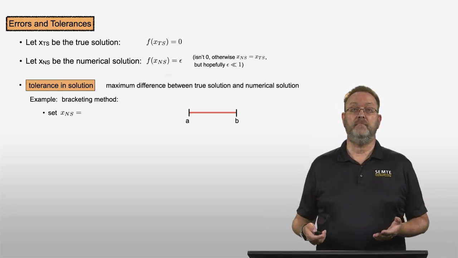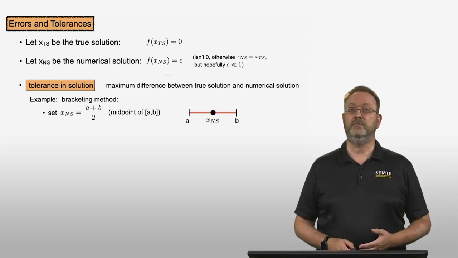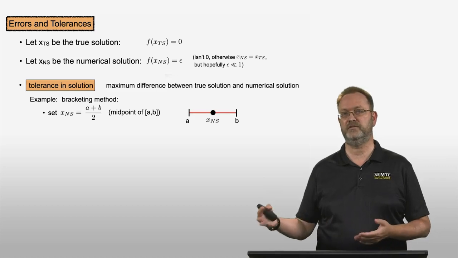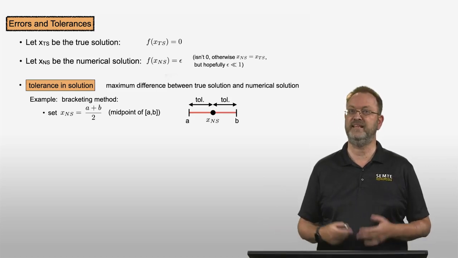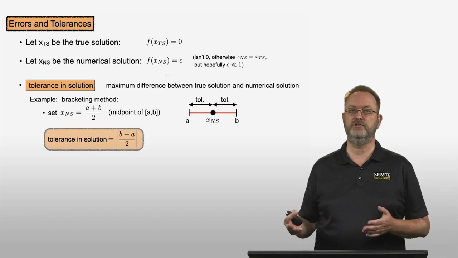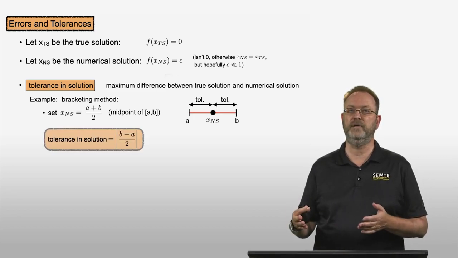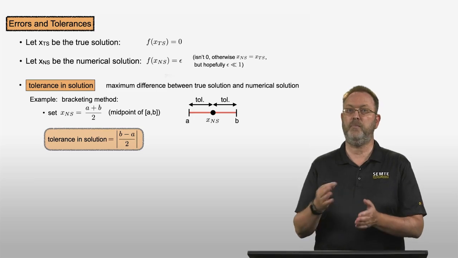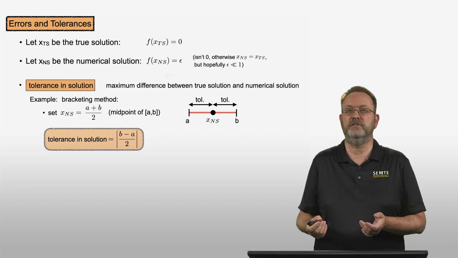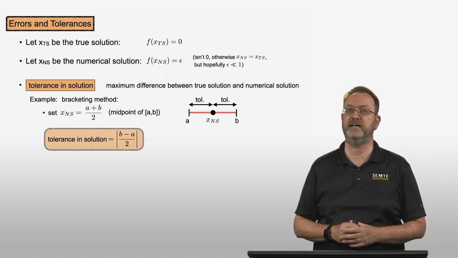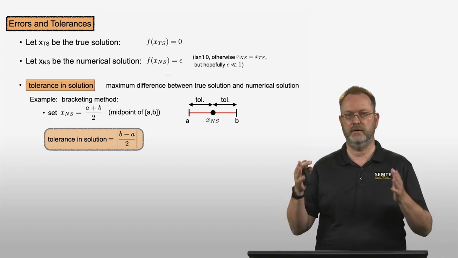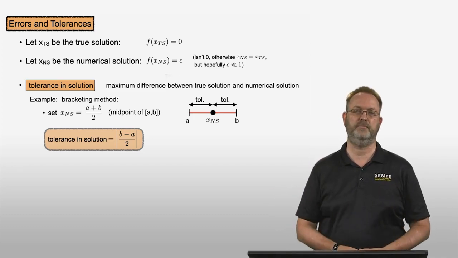So if I set my numerical solution equal to the midpoint of this interval, which is a plus b divided by 2, I know that my true solution is somewhere between my numerical solution plus or minus the tolerance in solution. And the tolerance in solution then simply becomes half the size of the interval, so absolute value of b minus a divided by 2, because the tolerance in solution is a positive value.